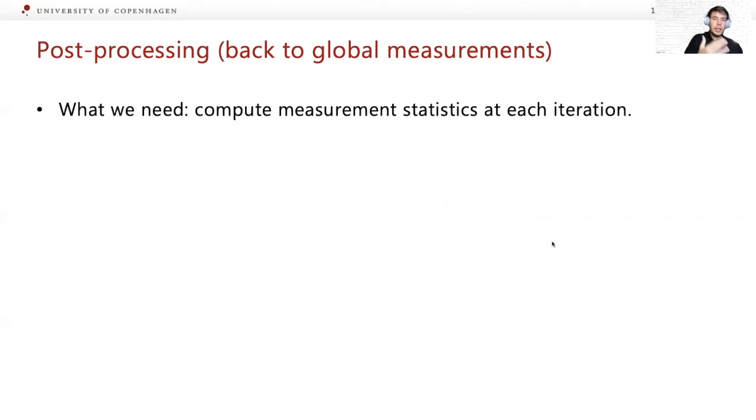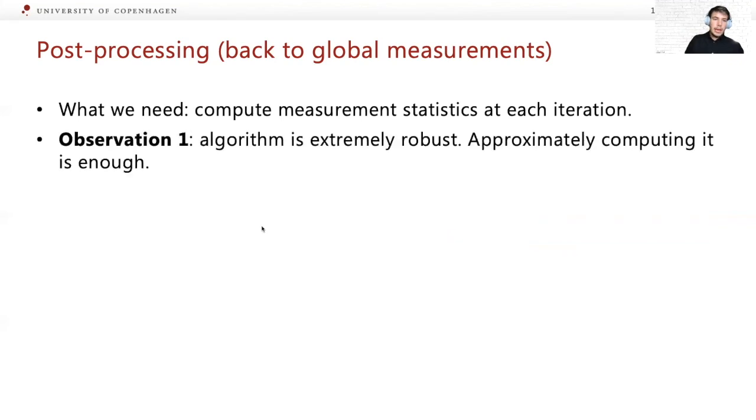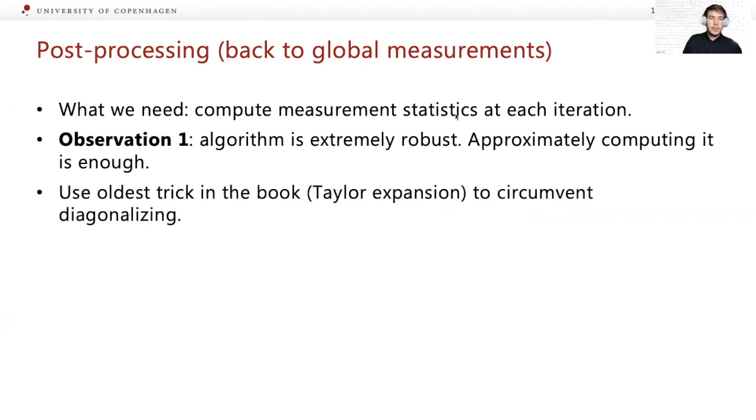All we need at each iteration is to compare histograms, but as I mentioned, our algorithm is extremely robust, so you can actually approximately compute the measurement statistics and still get away with it. The algorithm still works. And then instead of diagonalizing the state to compute this Gibbs state, you can just perform a Taylor expansion, as we only need a good approximation.